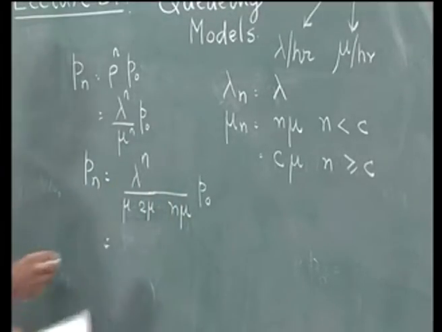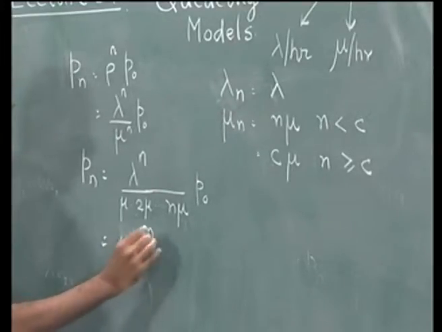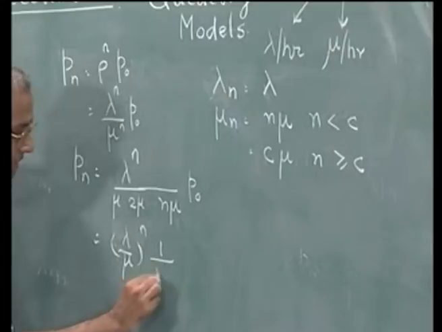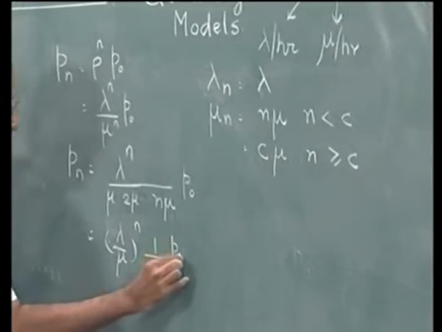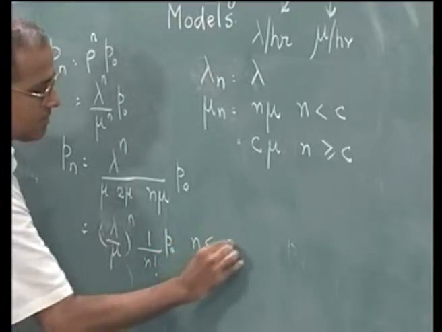So, this will become lambda by mu to the power n, 1 by n factorial, P naught, where n is less than c.